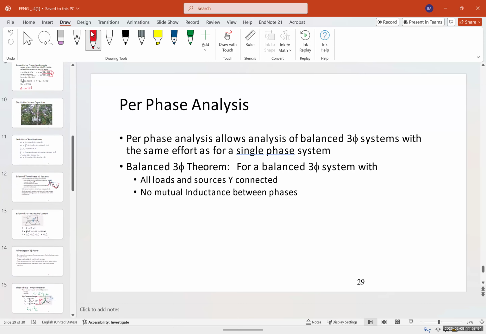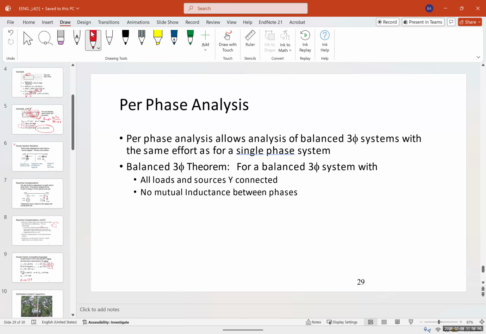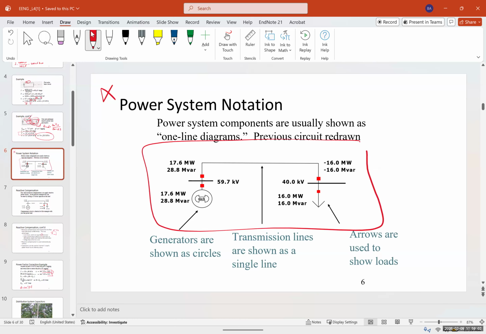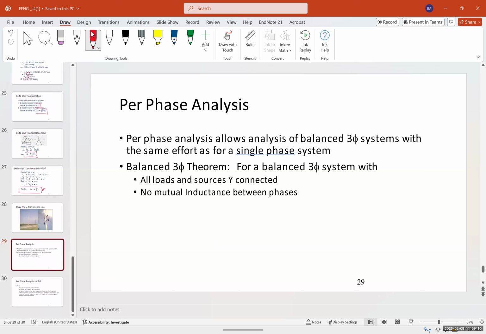It's the principle we showed in the beginning of today's class. This is a three-phase system, for example, but we only show it with one line. This method is called per-phase analysis, and it allows analysis of balanced three-phase systems with the same effort as for a single-phase system.